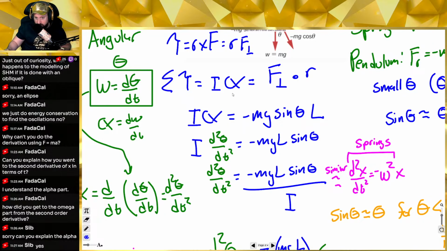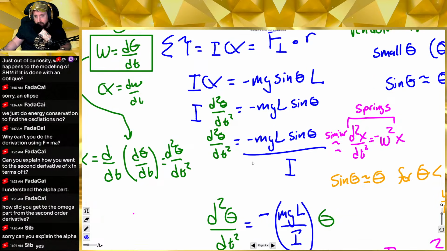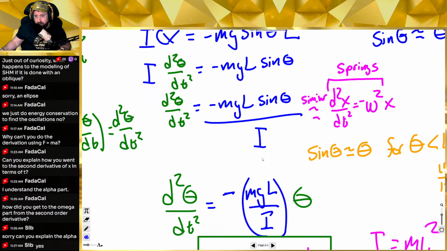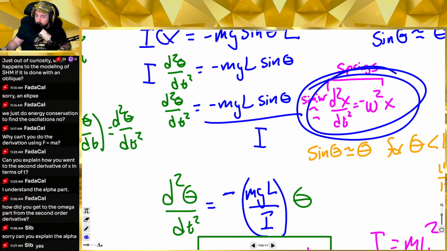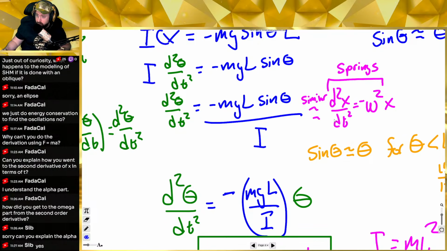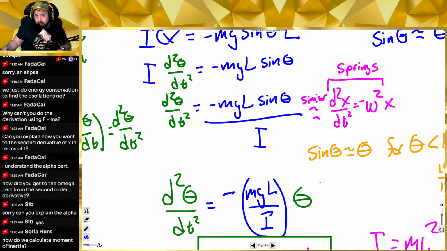And then when you go down, you sub in alpha, you sub in this, move the I over, you get to this. This looks very similar to what we had for our differential equation for springs, which was the second derivative of x equal to negative omega squared times the 0th derivative, or just the regular x. Here we have the second derivative of theta times some other stuff, right? Times theta.